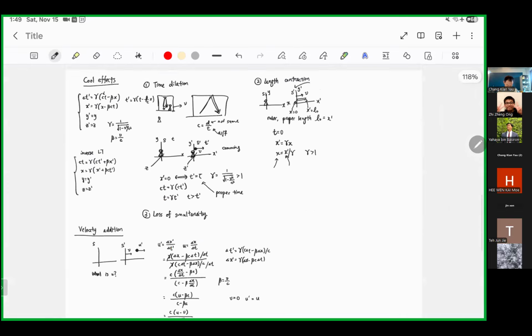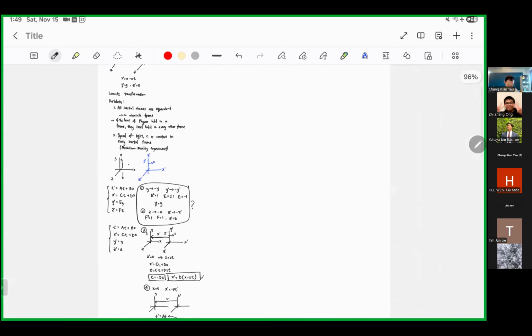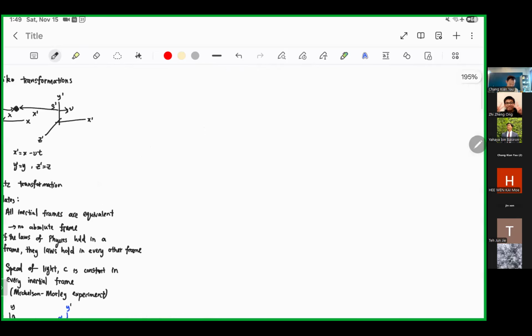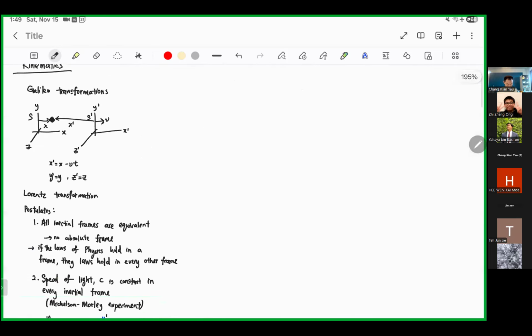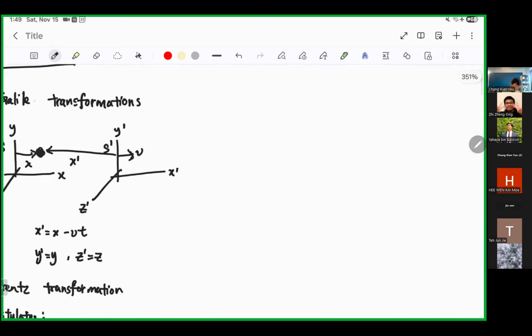Okay, that's all for velocity addition. Just to recap a bit. What we've done is, I've introduced to you the Galilean transformations, my bad, the Galilean transformations.